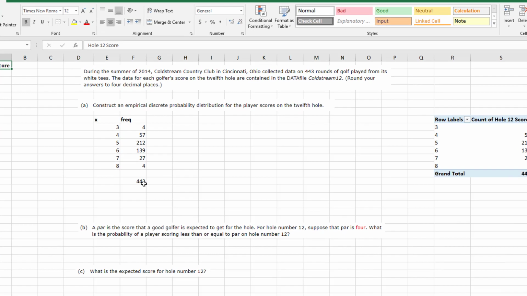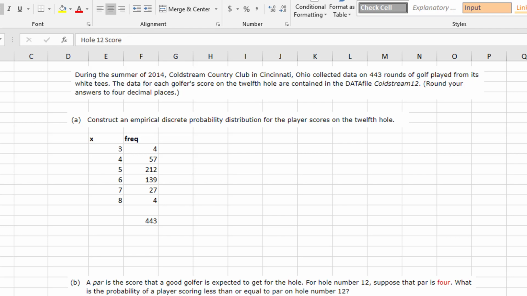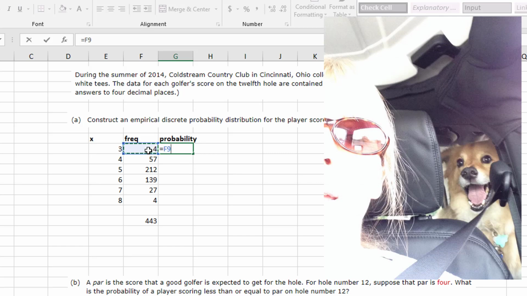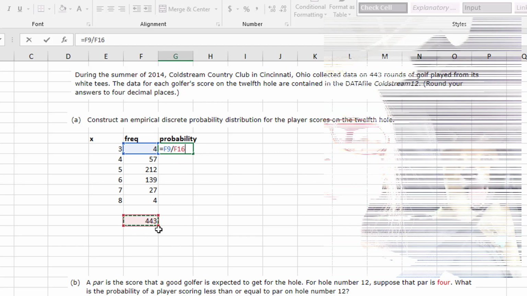All right, so now from here, what I will do is I will find the probabilities. So how do you find a probability? Well, let me go ahead and put that I'm going to do that here. So this is going to be my probability. You take the frequency divided by the total.